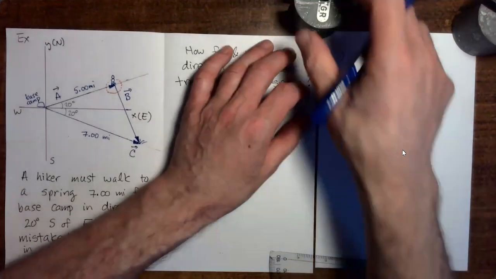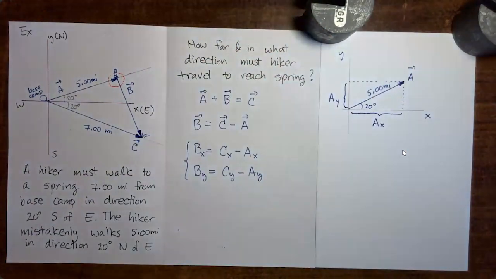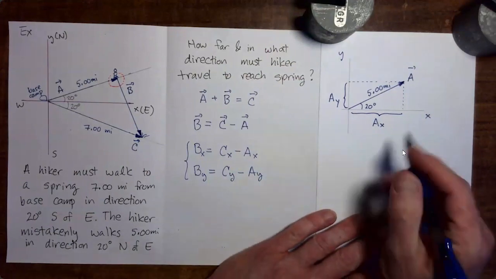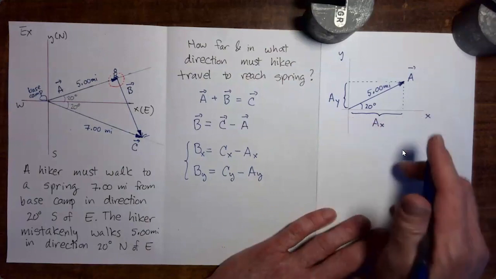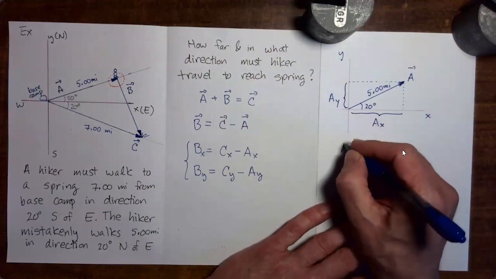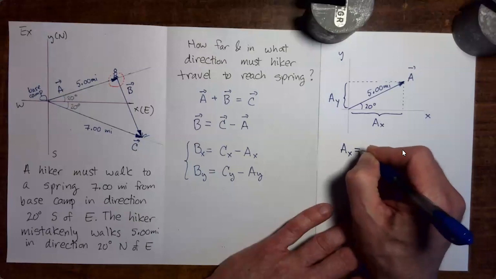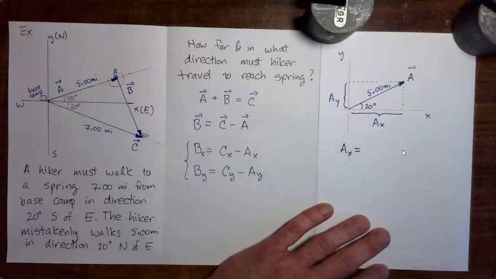Now, at this point, I would encourage you to pause the video and see if you can work out the x and y components of vector A on your own. Okay, so to get the x and y components of vector A, we're going to use the quickie method, in which we write down the components of a vector just by, first of all, putting plus or minus, then the magnitude, then a sine or a cosine.